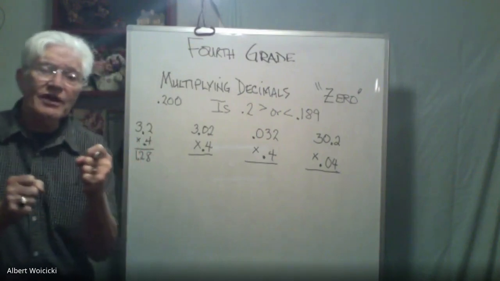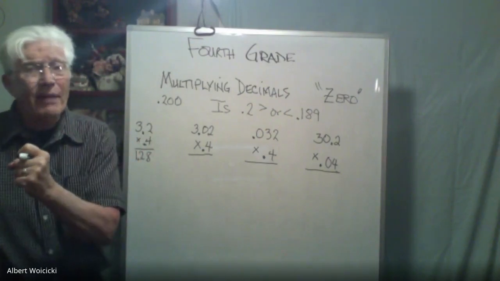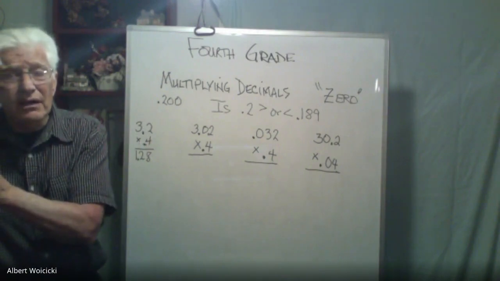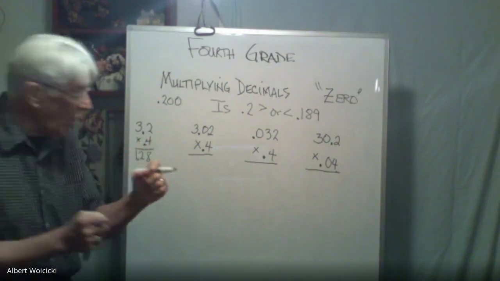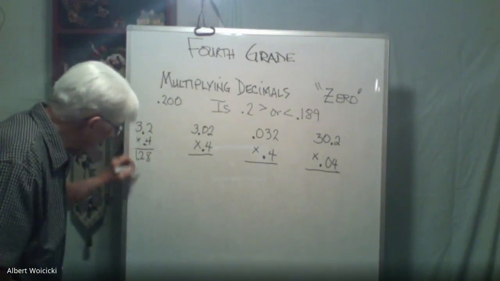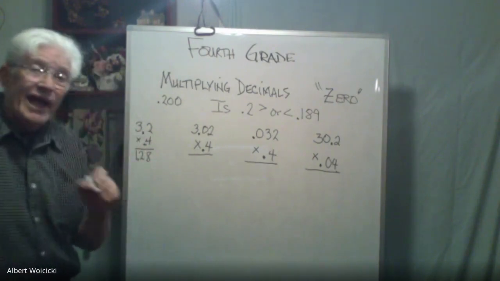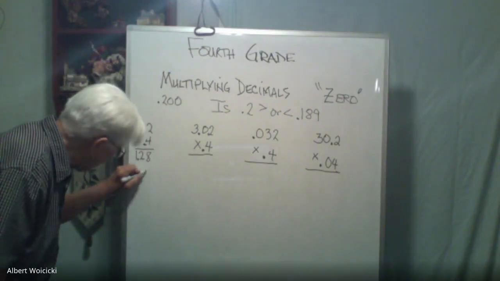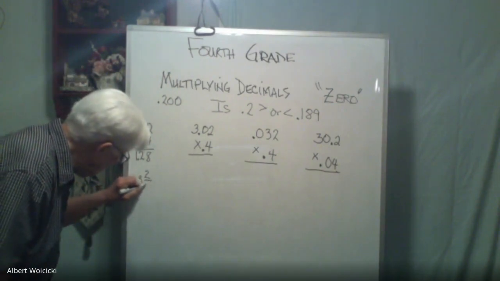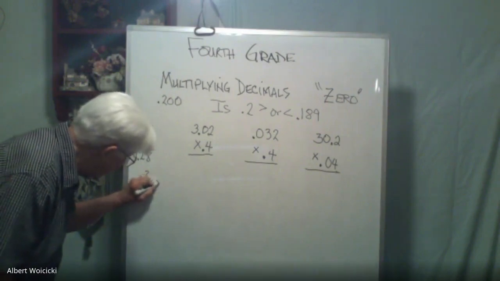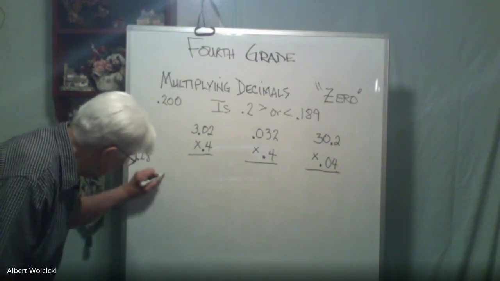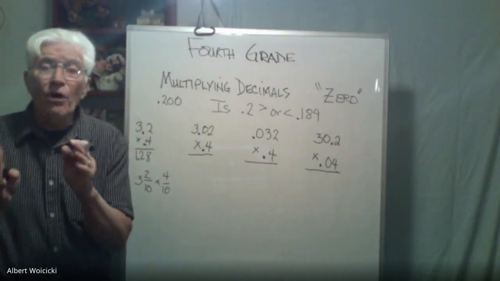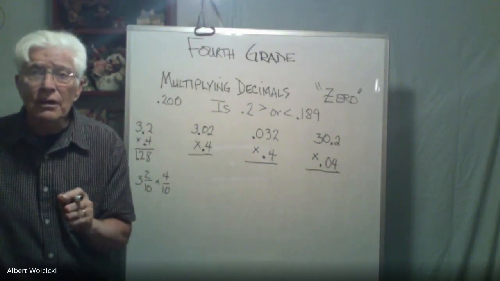Now you have to get them to understand that that thing that you just did still works. So you take a look and you say, well, 3 2/10 times 4/10.